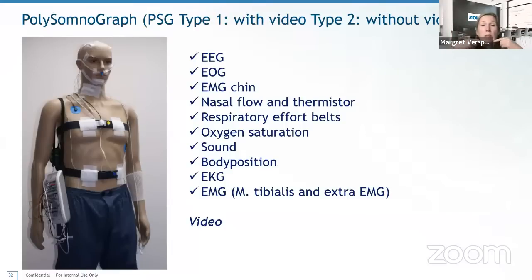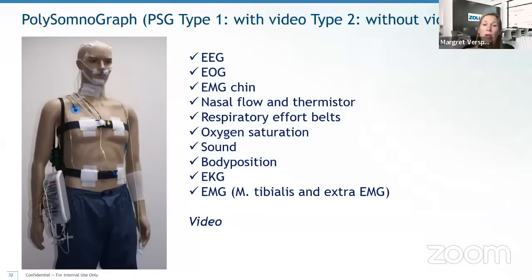EMG of the chin, important also to look at REM and the wake periods, and if there is some bruxism, yes or no. Then we have the nasal flow and the thermistor below the nose. The nasal flow measures the pressure, and the thermistor measures the difference in temperature in the breathing, so the ingoing air is colder than the outgoing air.